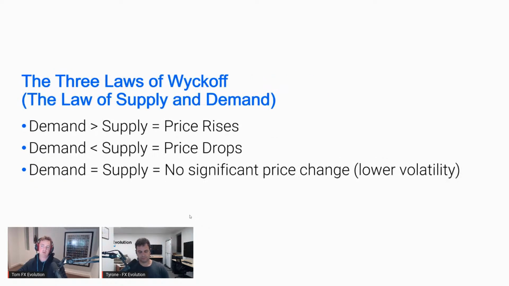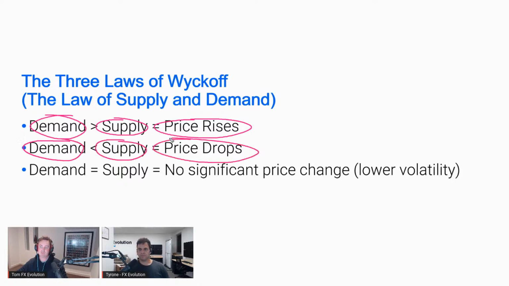So there are 3 laws that Wyckoff really came up with. The first law is the law of supply and demand. He basically said, if demand outweighs supply, the price will rise. Now, I know all of you are probably aware of this already, but his second one is, if demand is less than supply, the price will drop.